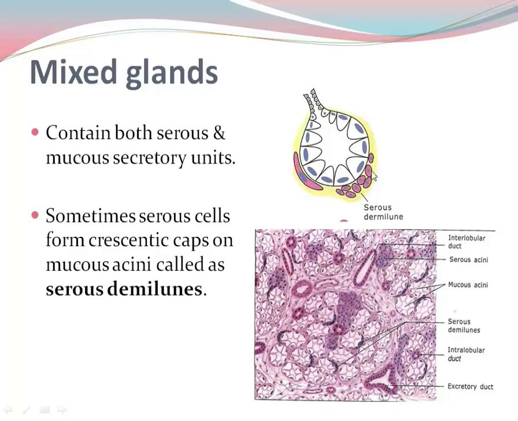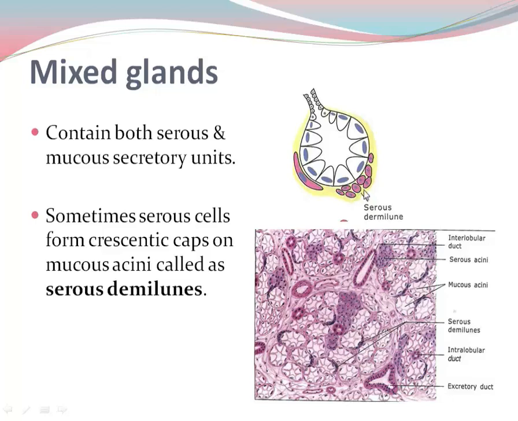These are the serous producing cells, and the mucus producing cells are all centrally located. The surrounding cells are the serous producing cells, and they are overlapping over the mucus producing cells.